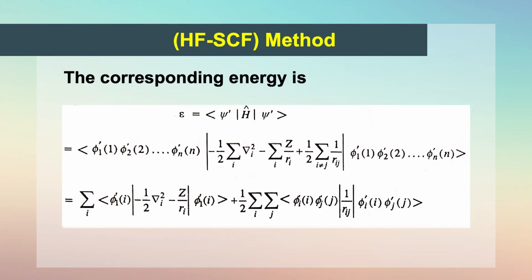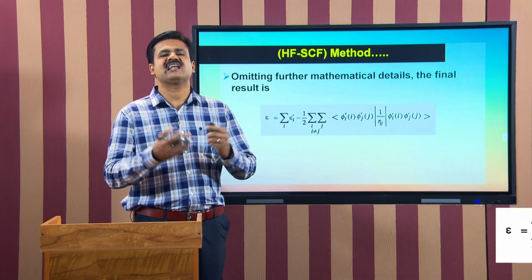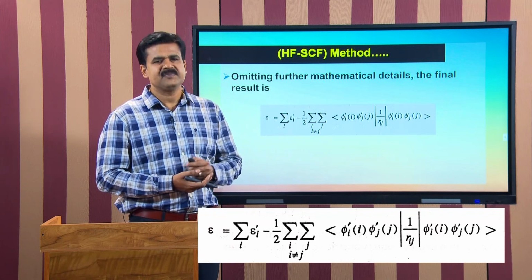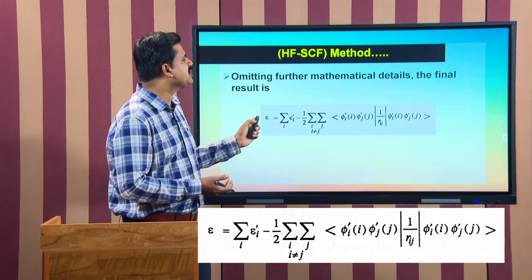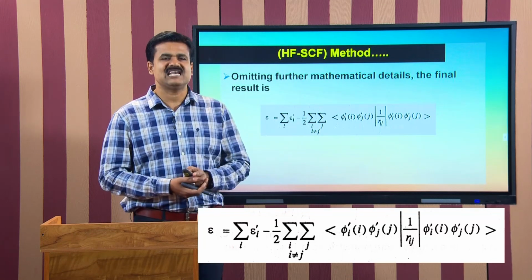The corresponding energy is given by integral psi' star h hat psi' d tau. On simplification, we get so many expressions, and omitting further mathematical details, we can arrive at a final mathematical result for energy epsilon. Energy epsilon can be calculated by the SCF method using this expression.